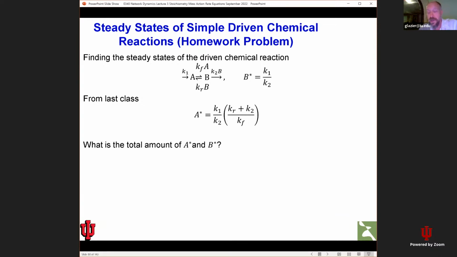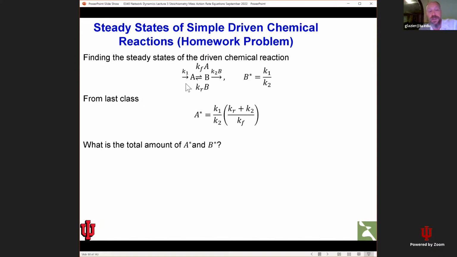I take my second equation and I substitute for B. And now I have an equation that's only for A. I rearrange, and I get something that looks very similar to what I got before for the equilibrium. The amount of A star is equal to K1 divided by K2.